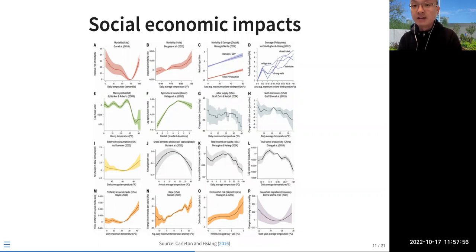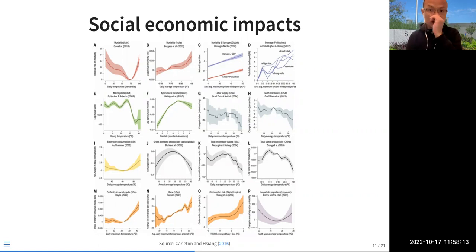And climate change has impacts. Here is a chart from a review paper that systematically assesses the socioeconomic impacts of climate change.